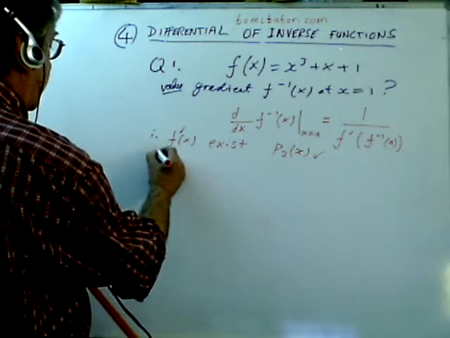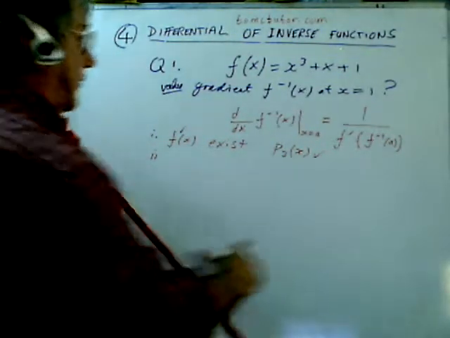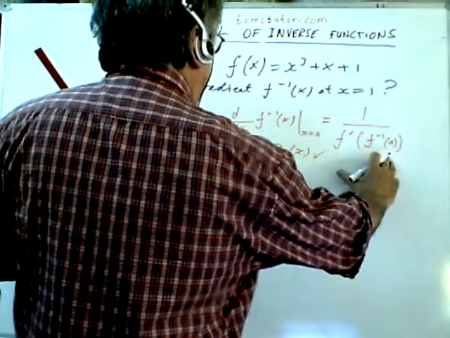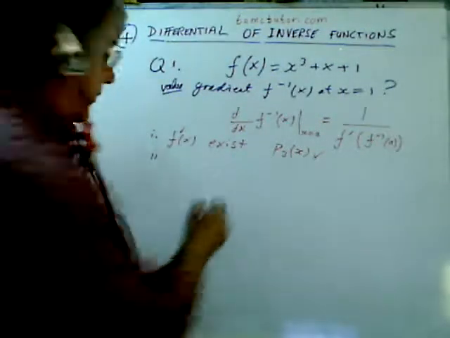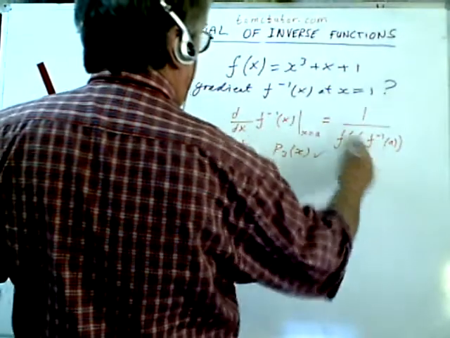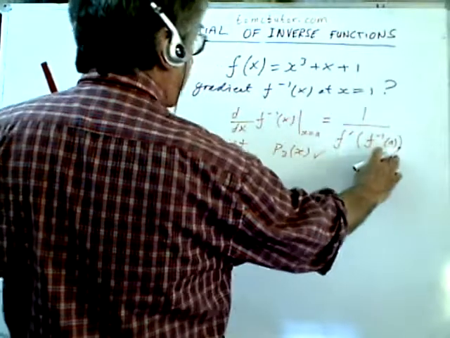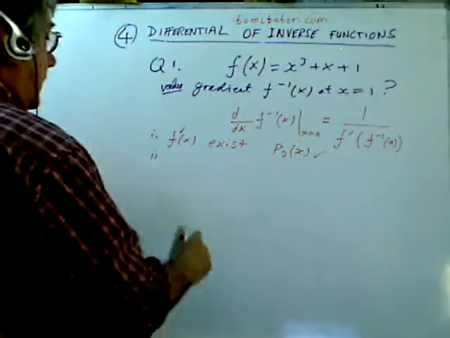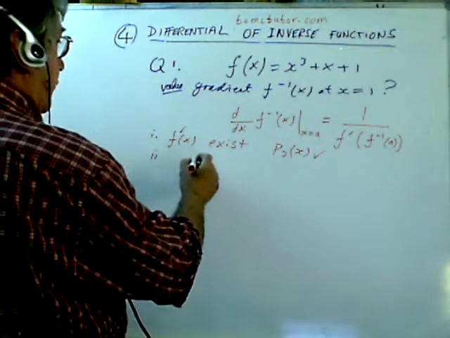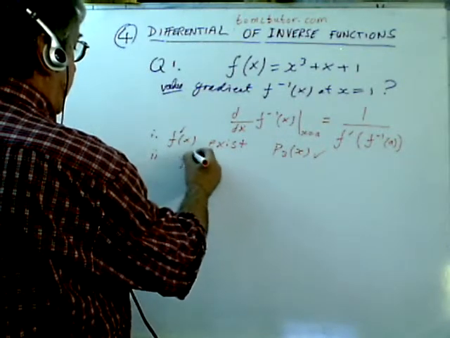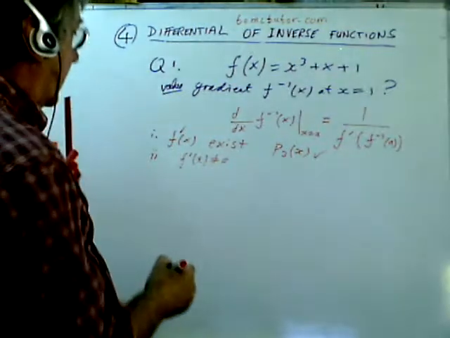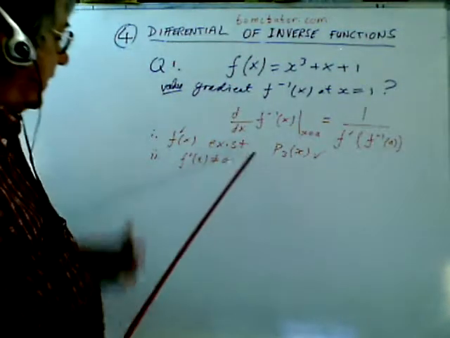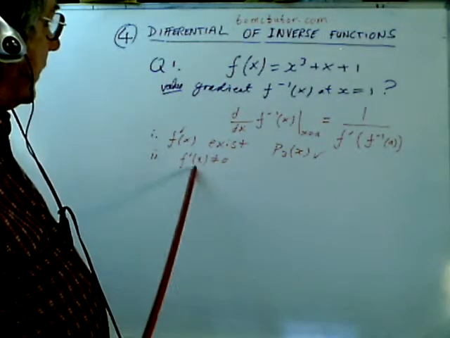The second condition is that the differential has to be not equal to 0. Otherwise, this lot here will have a denominator of 0. So that is, the f dash of x must not equal 0. Okay, this actually is a very subtle point here.